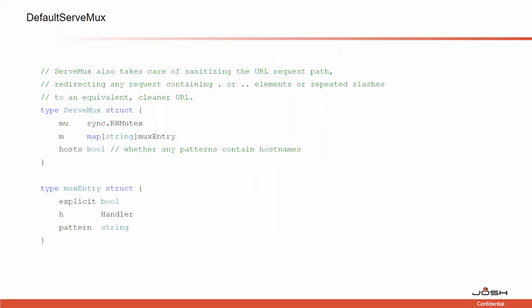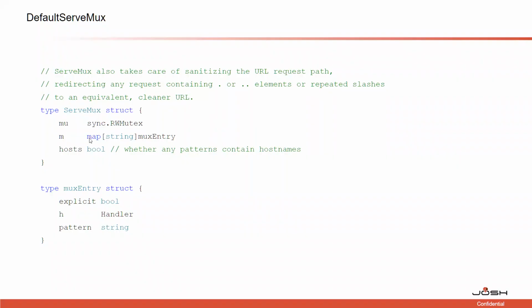You can think of it as a hash map of URL patterns and handlers. So it will contain, if the request is slash users, call the get user handler. Or if the URL is slash admin, call the get admin handler or process admin handler. So this is how you should think of it.